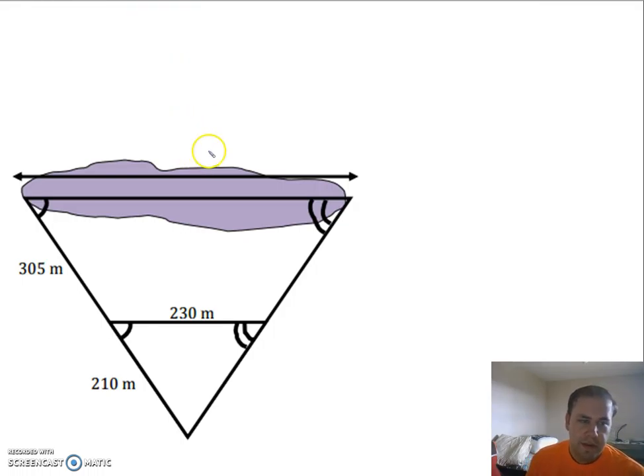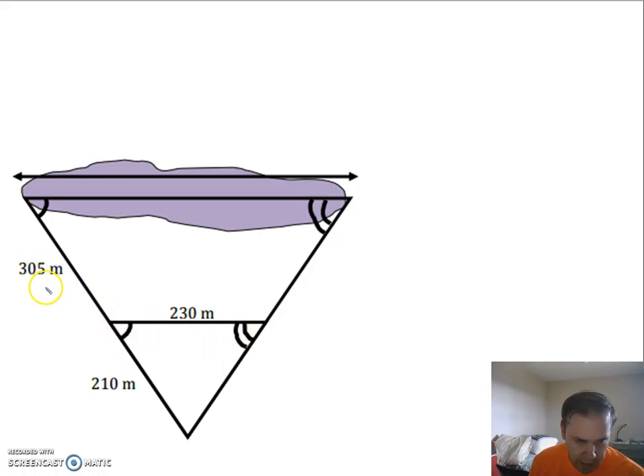Now let's just take this to a greater concept here. So we want to find the length of this lake here. And we actually have indicators. So we have this sign and this sign, which is telling us this angle and this angle are the same, and this angle and this angle are the same.